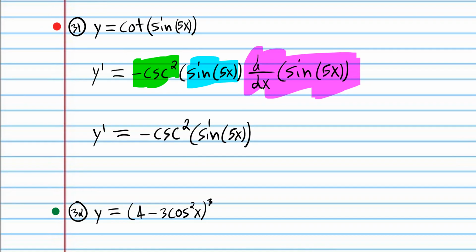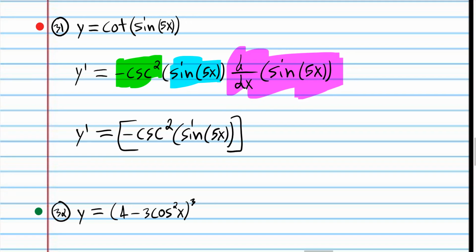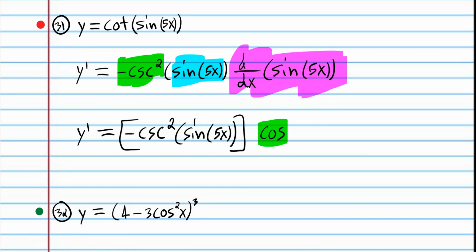We're going to find the derivative of the outside function, which is sine, so that derivative. And I'm just going to use brackets here so we don't have any confusion. The derivative of sine is cosine. That's the derivative of the outside function. And then we're going to keep the inside function.